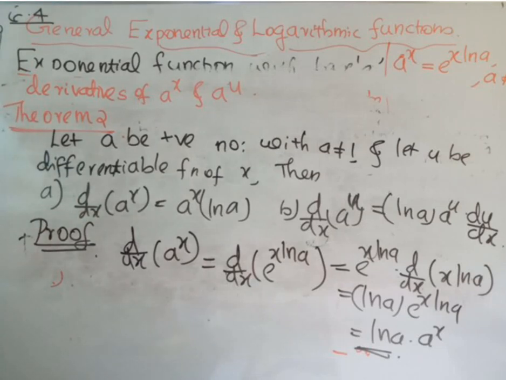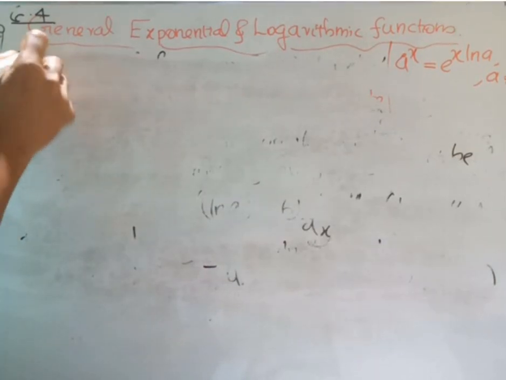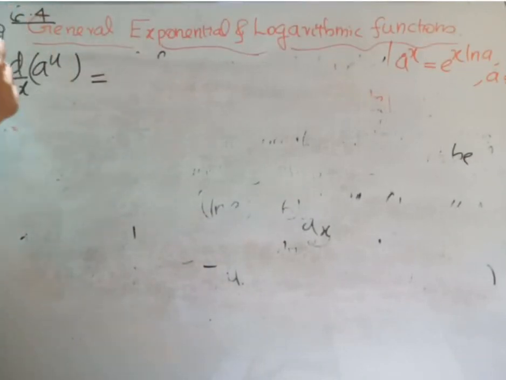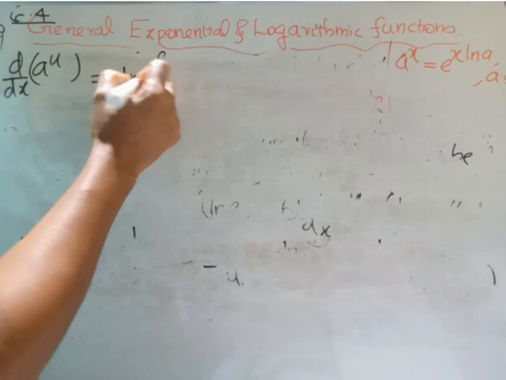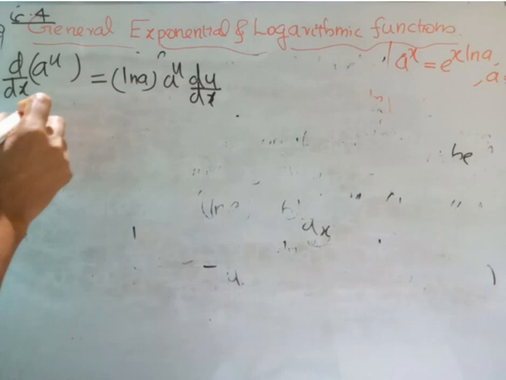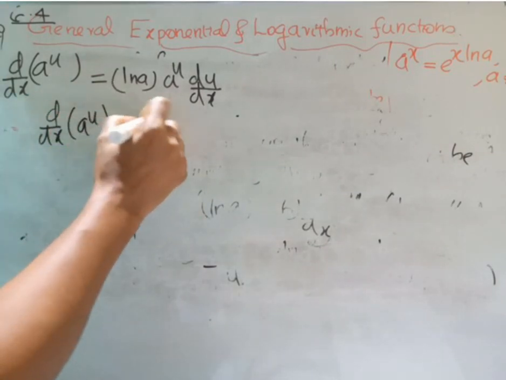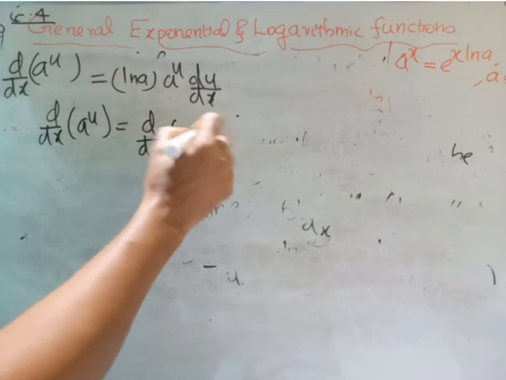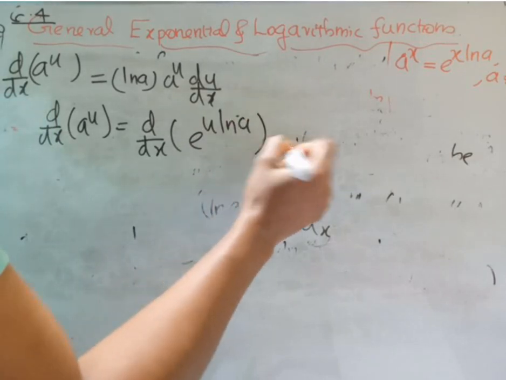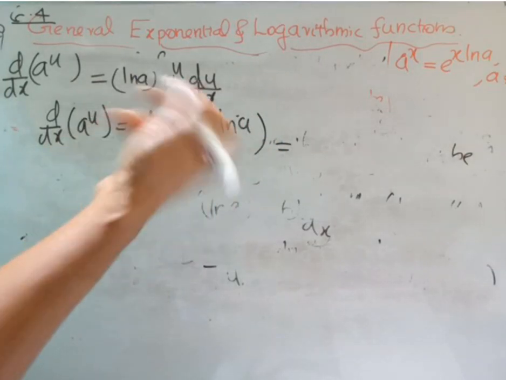Next one, we have to do the derivative d by dx of a raised to u, which equals log a times a raised to u times du by dx. This is d by dx of a raised to u, which is the same as d by dx of e raised to u log a. e raised to u log a is a function of u, and u is a function of x.